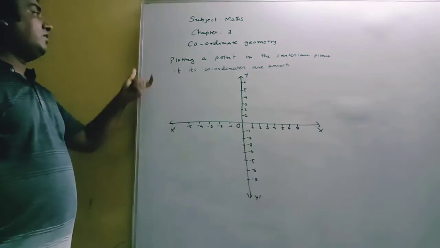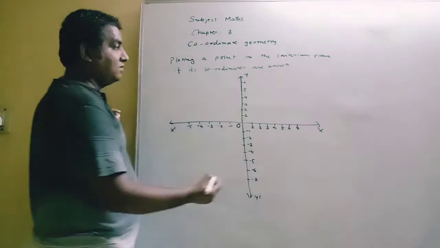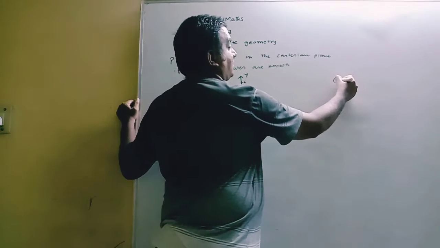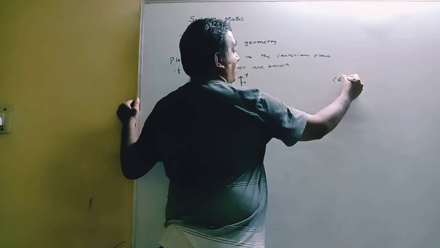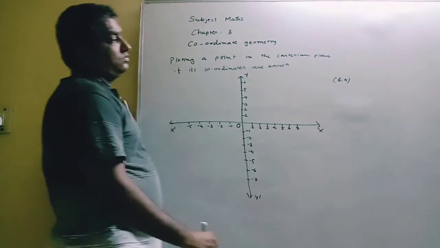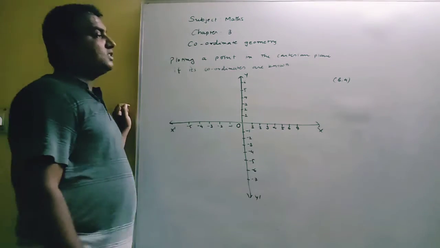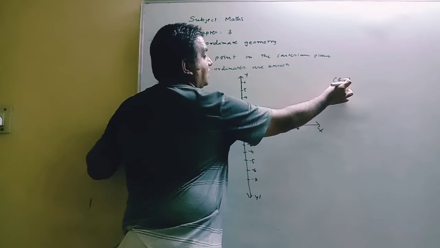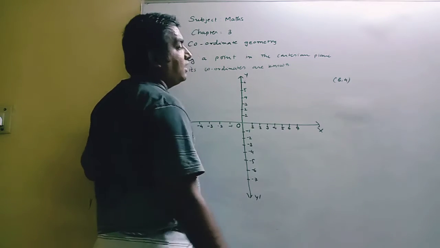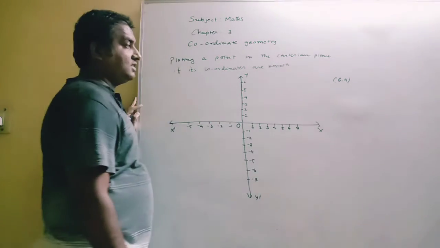Now suppose we know the point 6, 4. So first coordinate will represent the x-axis, and the second coordinate will represent the y-axis.